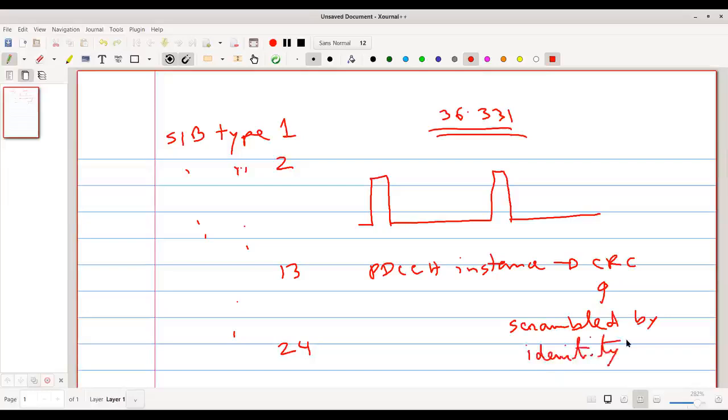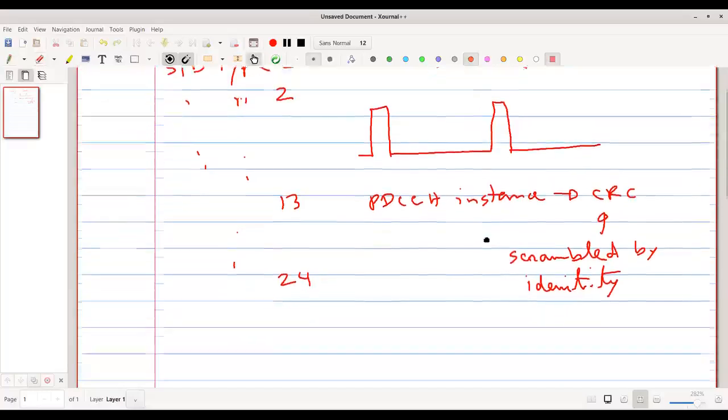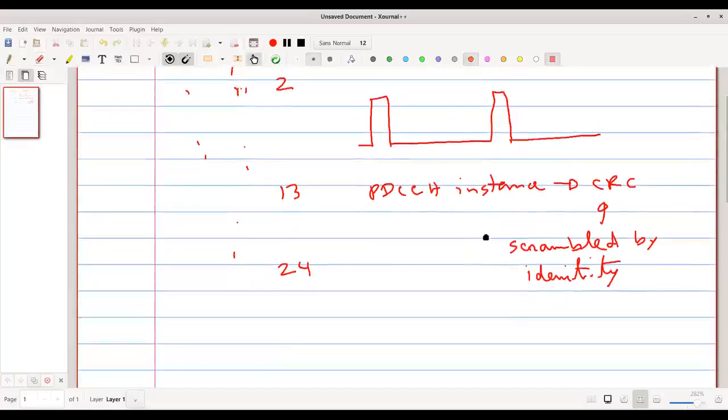We know that when resources are allocated, this identity is C-RNTI, for uplink or downlink operation. In RRC connected state, the UE has an identity C-RNTI, and that is used. Or if it is semi-persistent allocation, then SPS C-RNTI is used.